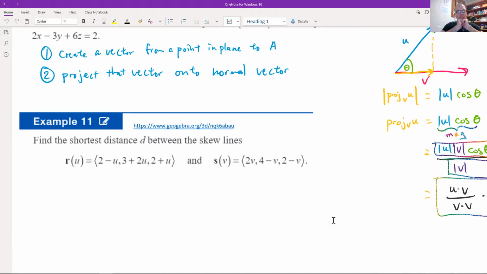When we have two skew lines, we have two direction vectors. That's a good thing. And the shortest distance between those two lines is going to be perpendicular to both of those directions. So cross product. We're going to take the cross product between the two direction vectors.